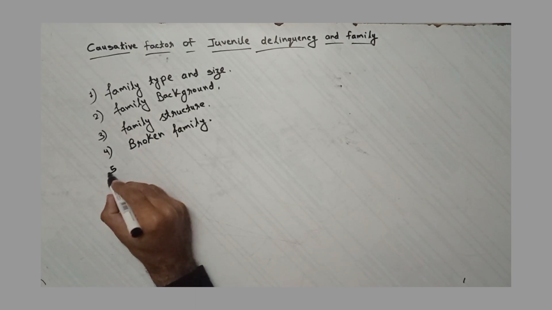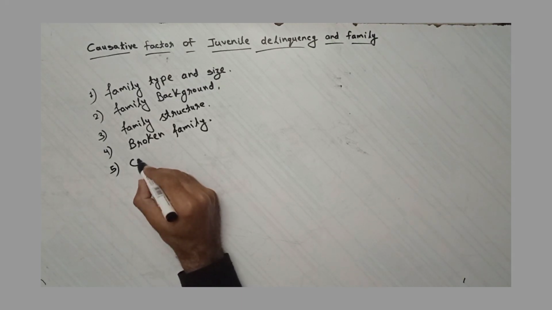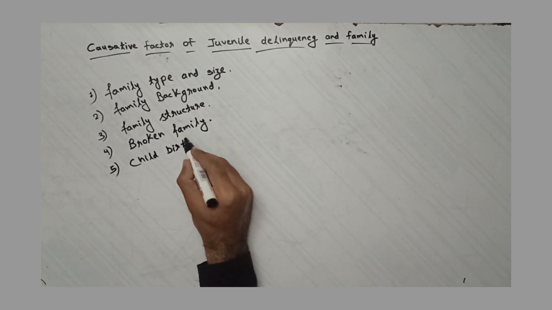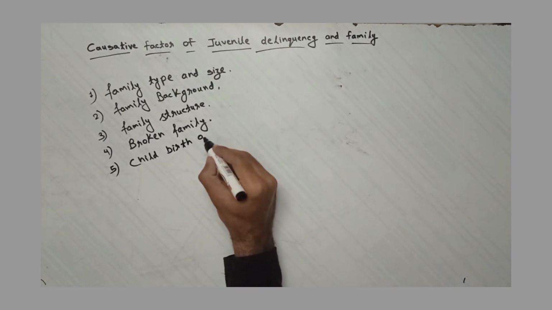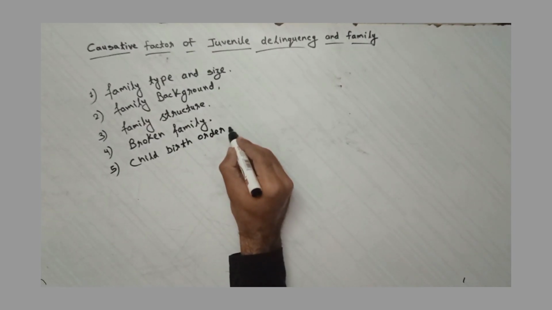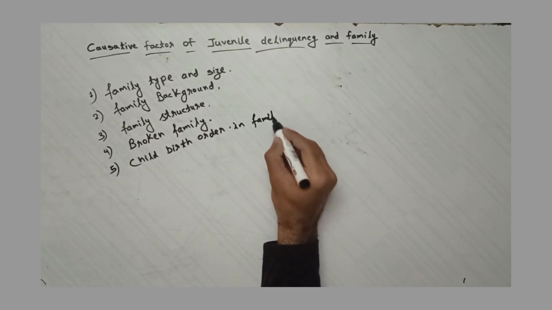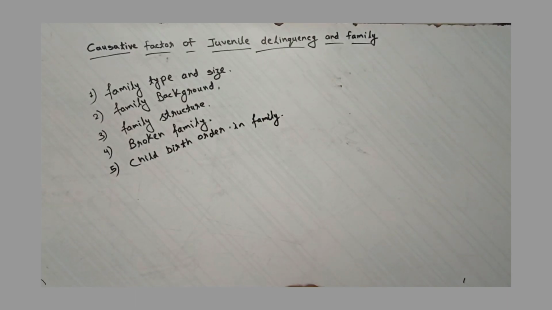Next one is child birth order in the family. Sometimes it is also responsible for juvenile delinquency because of the order of the siblings.